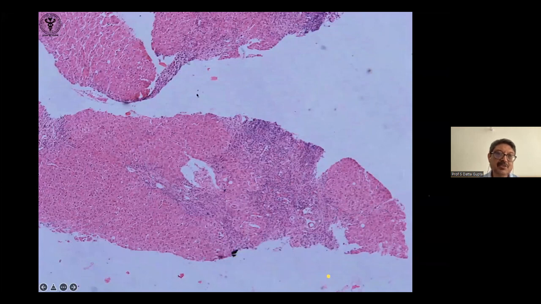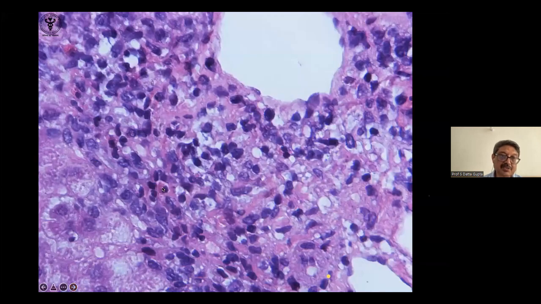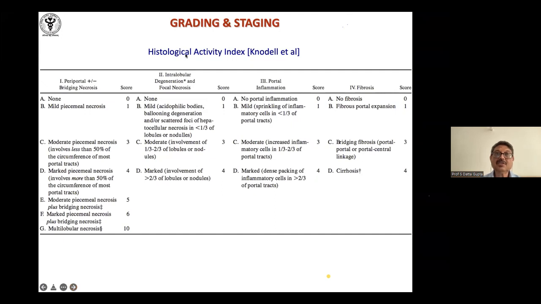If your needle went through this area, naturally you would have undergraded this. And if you go through this area, then naturally you would say that this was much more severe piecemeal necrosis here, right? So this is an eosinophil here. So the earlier grading was of how much inflammation there was.